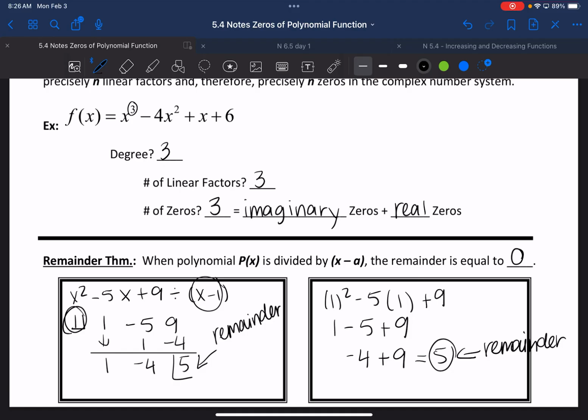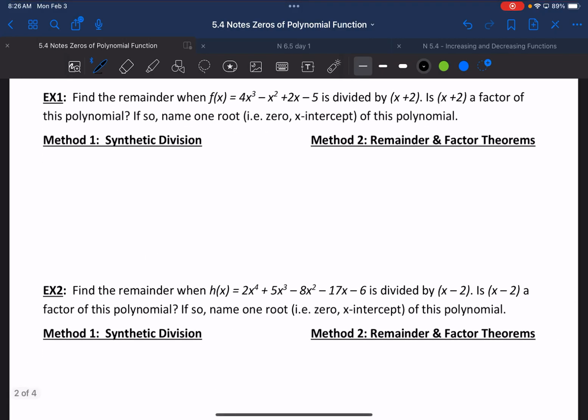Okay, flip it over onto the next page. You're going to do the same thing that we just did for this example on example 1 here. It says find the remainder when f of x is 4x to the third minus x squared plus 2x minus 5 is divided by the factor x plus 2.